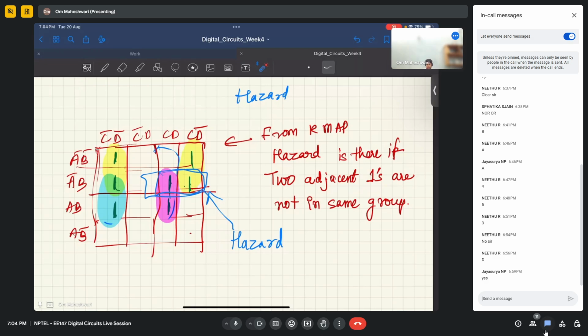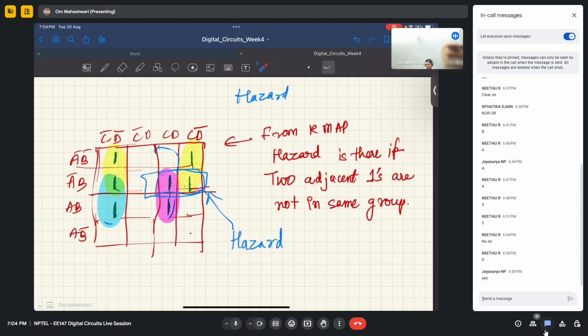So this condition may cause a hazard. Here, if you see, these are two adjacent ones, they are in the same group. Here are two adjacent ones, they are in the same group. But these two adjacent ones are not in the same group, right? So this can cause a hazard.